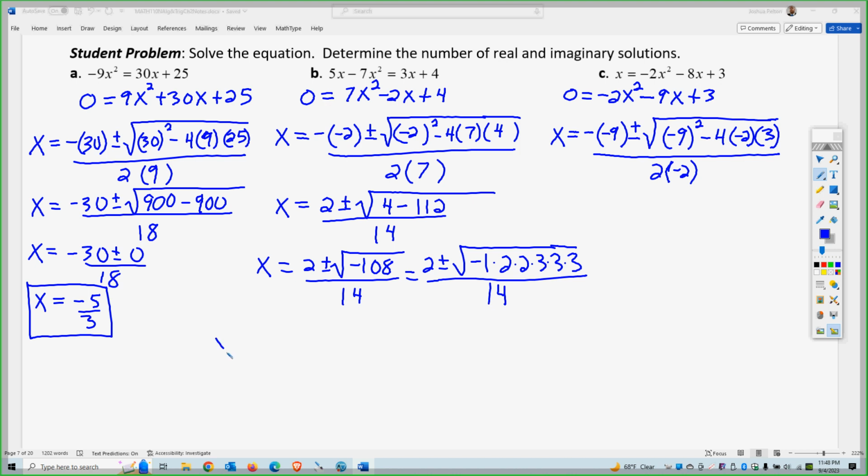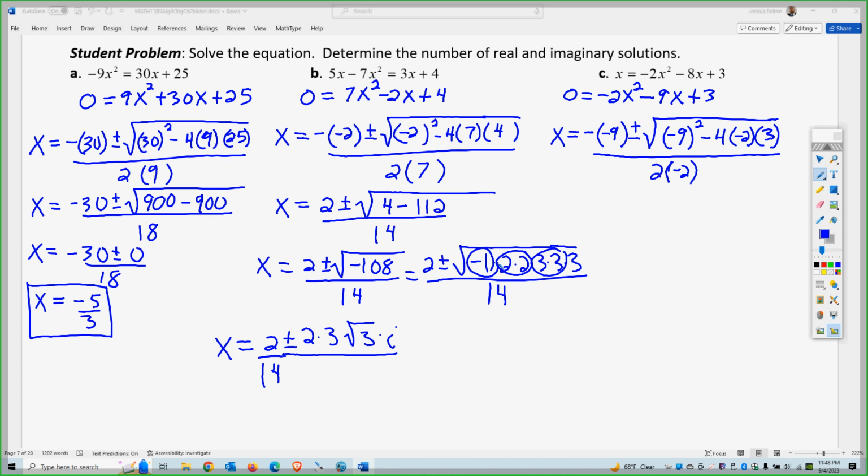Okay, so x is equal to 2 over 14 plus or minus. So we have a 2, a 3. There's a root 3 left over, right? Because you have a pair of 2's here, a pair of 3's. And then we have an i for the -1, of course.